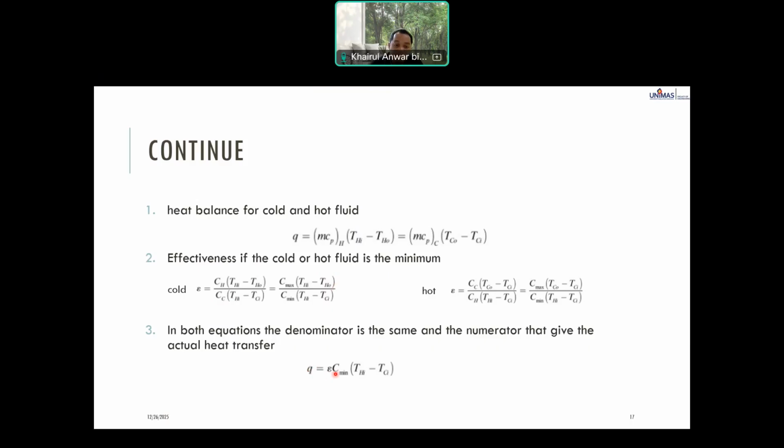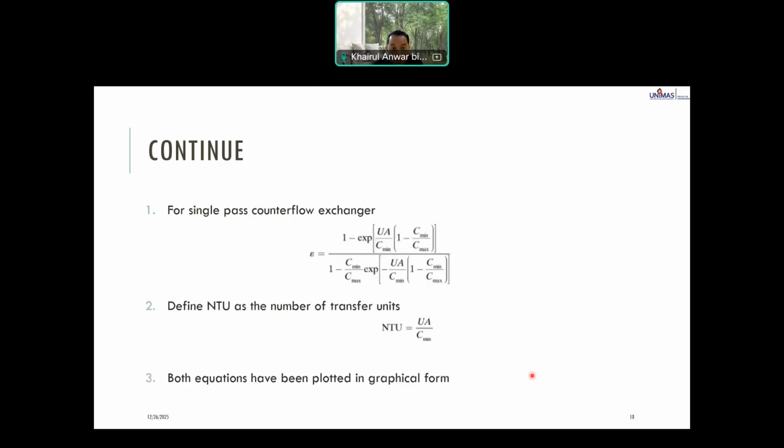So Q equal to epsilon C min (THI minus TCI). For a single pass counterflow exchanger, epsilon equal to this equation. Define NTU as the number of transfer units, so NTU equal to UA over C min.